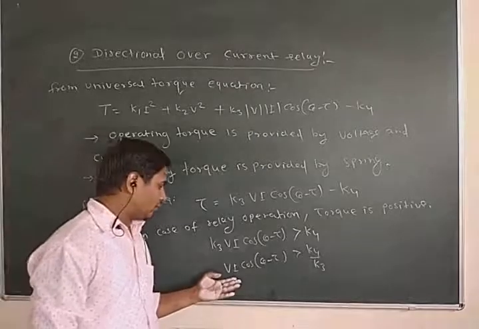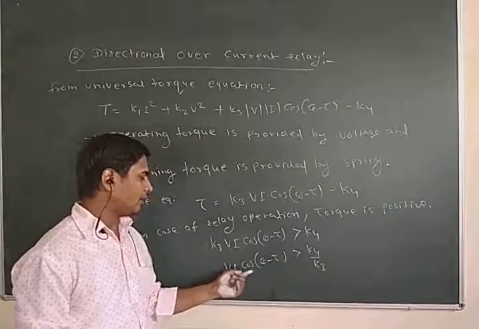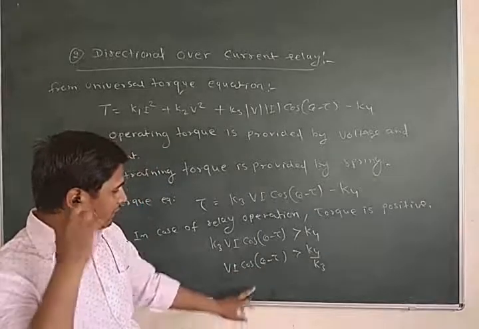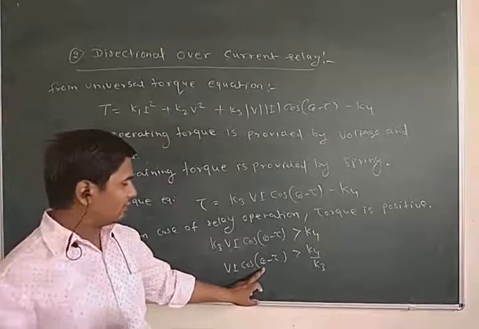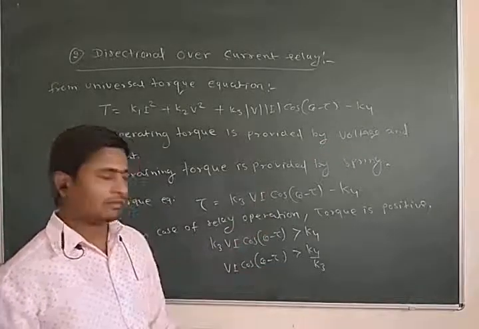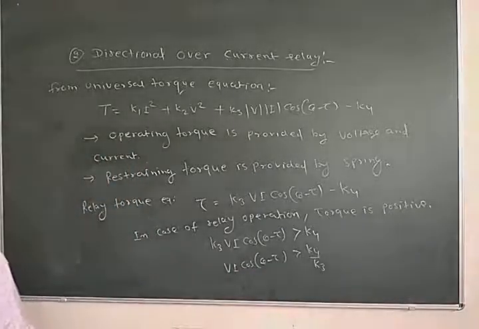Now the value of operating torque depends on VI and cos(theta minus tau), where theta is the phase displacement between voltage and current, and tau represents the circuit angle.